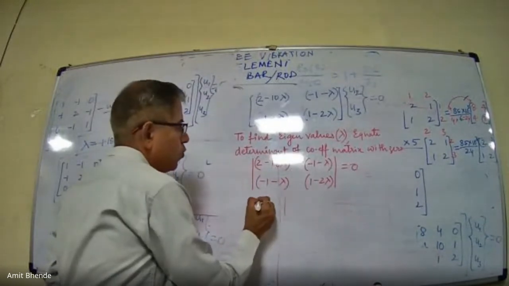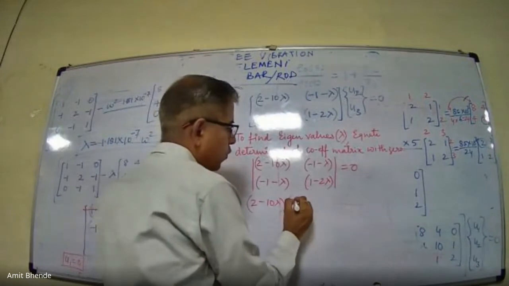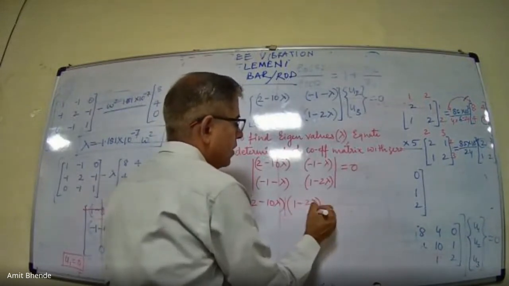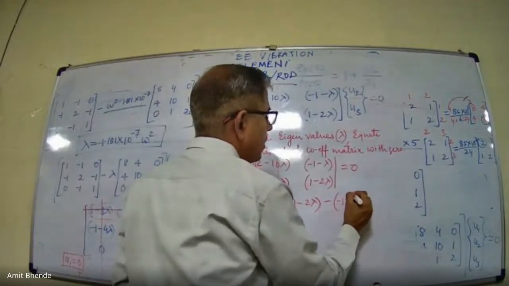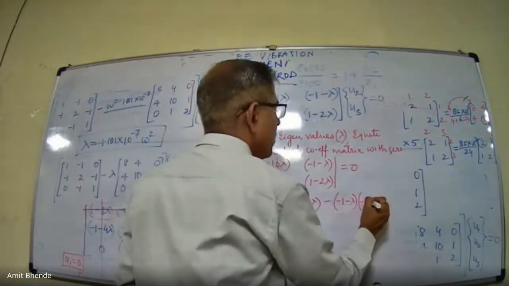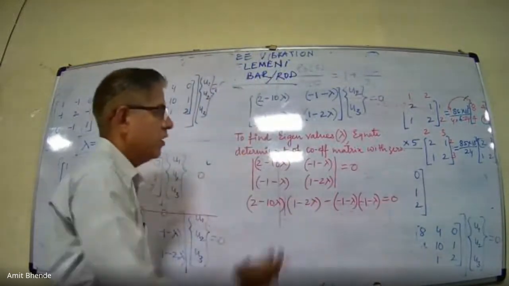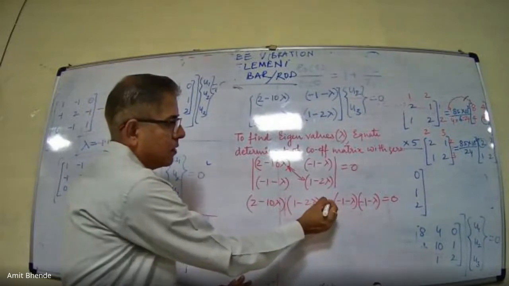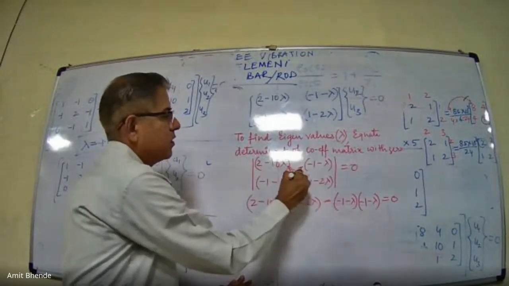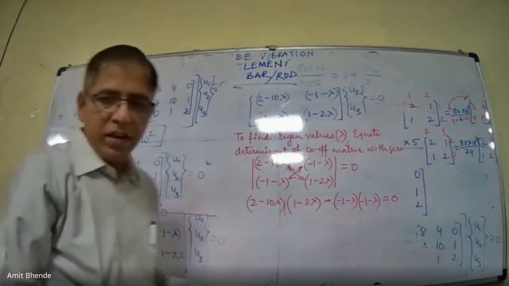So this becomes (2 minus 10 lambda) into (1 minus 2 lambda) minus (minus 1 minus lambda) into (minus 1 minus lambda), that is equal to 0. So this into this minus this into this. This is how we calculate the determinant.